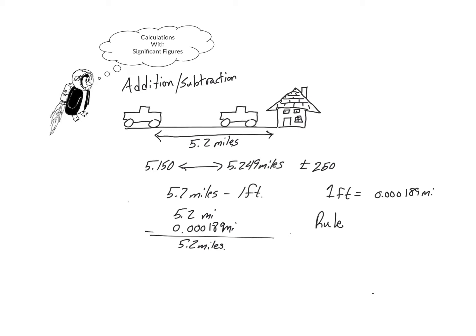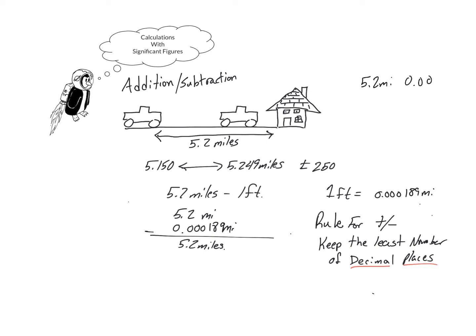The rule for addition and subtraction of sig figs is you keep the least number of decimal places. Comparing our two numbers we just subtracted, 5.2 miles and 0.000189 miles. The large number, we have the ones place and the 1 over 10 place.